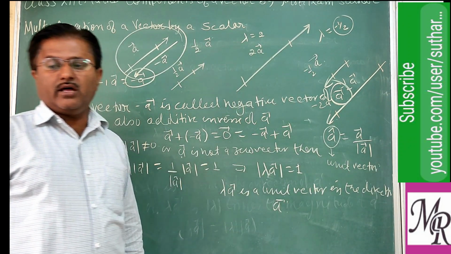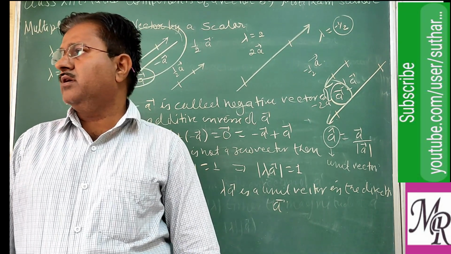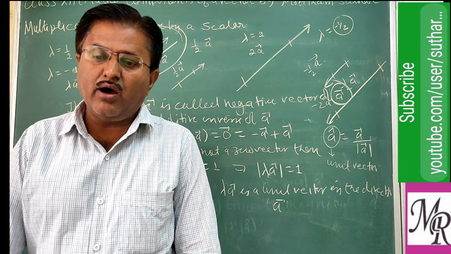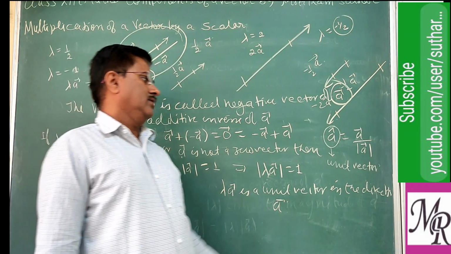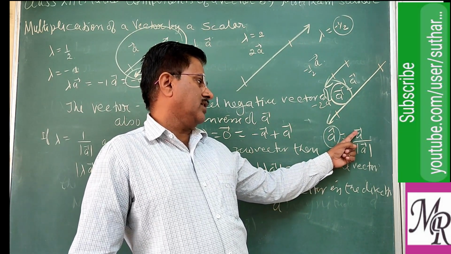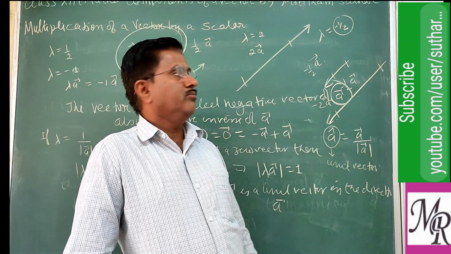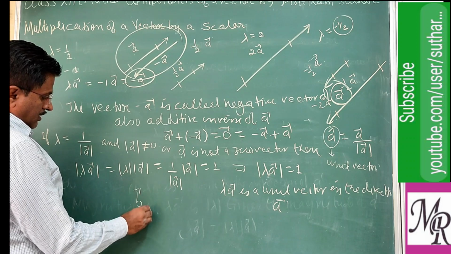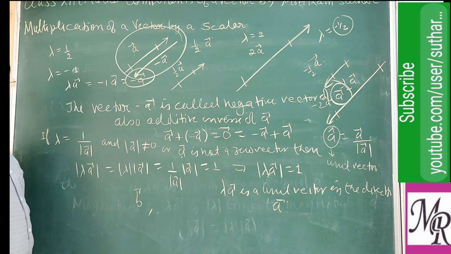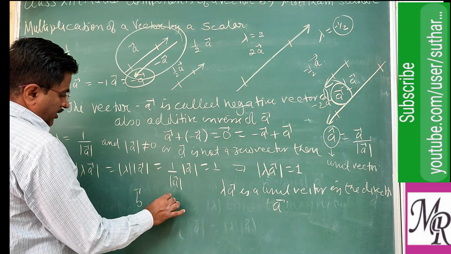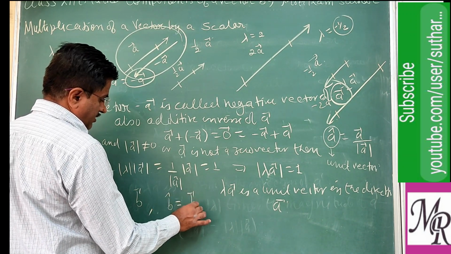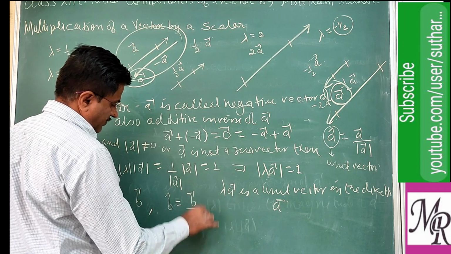So a unit vector, as you know, has magnitude 1, but by formula how can we write a unit vector? A cap equal to vector A divided by magnitude of A. Suppose we are given any vector B, then what is the unit vector corresponding to B? So vector B cap equal to vector B divided by its magnitude.